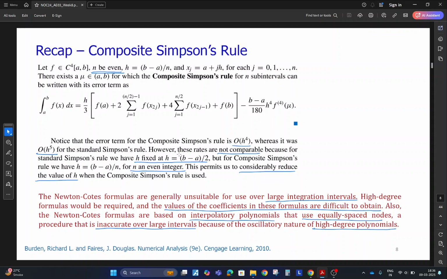Now, in general, the Newton-Cotes formulae are generally unsuitable for use over large integration intervals. High degree formulae would be required, and the values of the coefficients in these formulae are difficult to obtain. What we also noticed in our previous session is that when we are trying to interpolate in a given interval with a very high order polynomial, they are prone to large fluctuations in very small intervals.